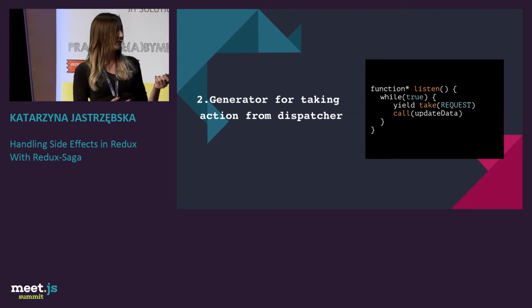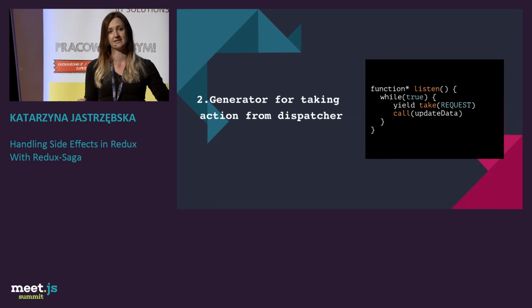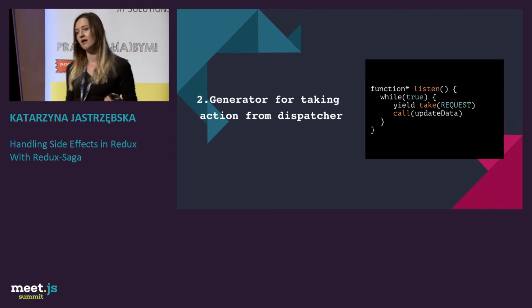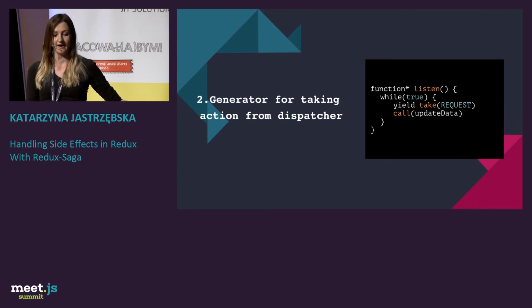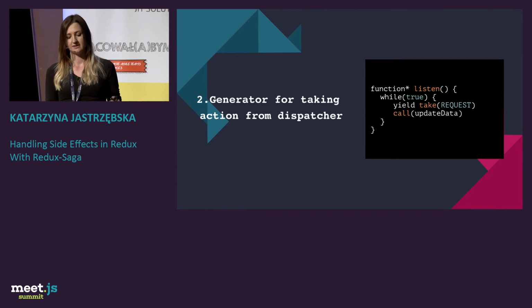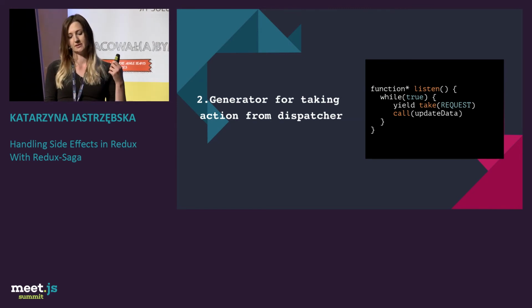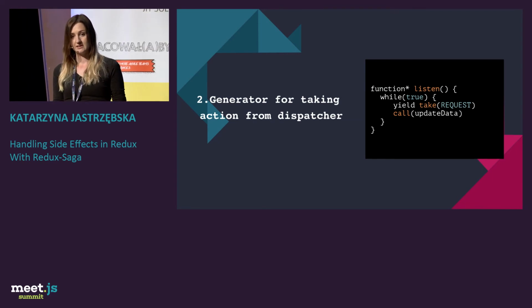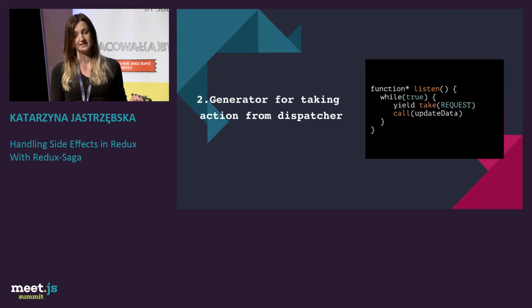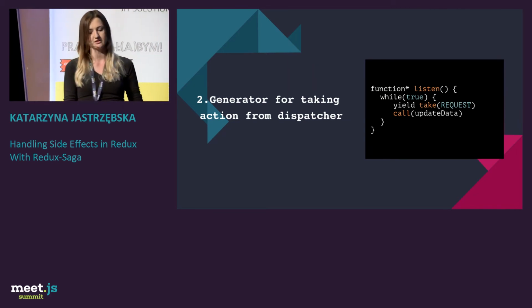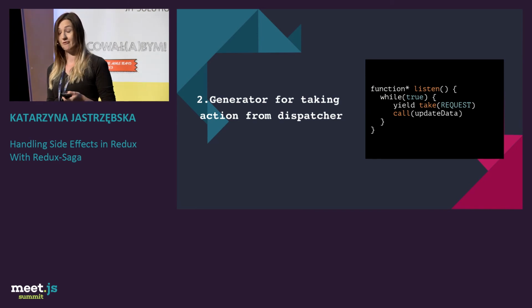But it's not like it's executing and blocking our application because something is just happening all the time. It's nothing like that, because as you probably remembered from my previous slides, yield will pause our generator and we'll just simply go back to our generator once again when dispatcher will inform the Redux Saga that the action was dispatched, the request action was dispatched, and then just call the update data generator, of course.